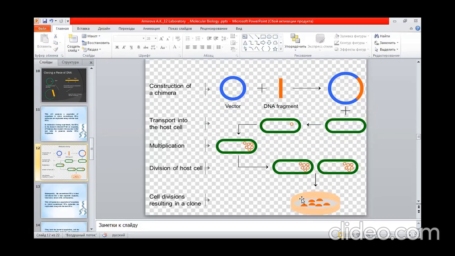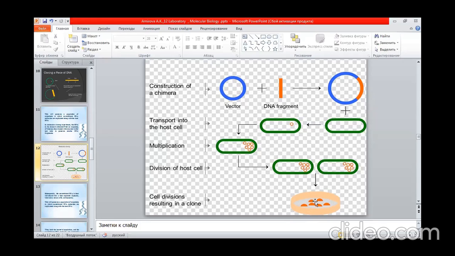Bacteria are cultivated in nutrient media with antibiotics. In that media, bacteria with recombinant plasmid can be grown, with cell division resulting in a clone. As a result, we can obtain the clones of these DNA fragments.